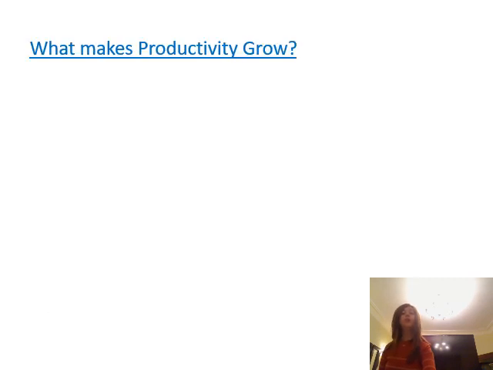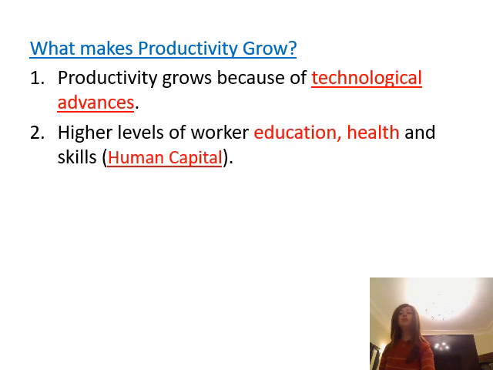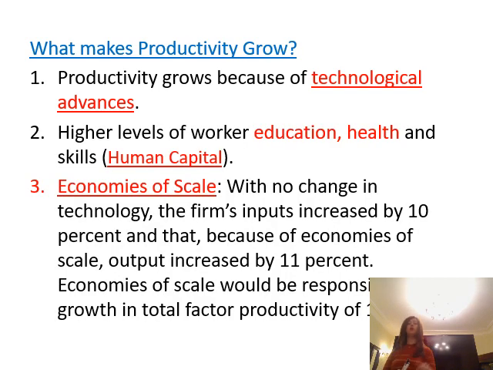What would lead to productivity growth? Several factors. As you know, technological advances. Technological advances lead to shifts in the production function. This means that it leads to an increase in the ratio of output per units of inputs used. Another thing that leads to productivity growth is the accumulation of human capital. If you have a well-educated labor force, this implies that the amount of output per units of input will tend to increase.